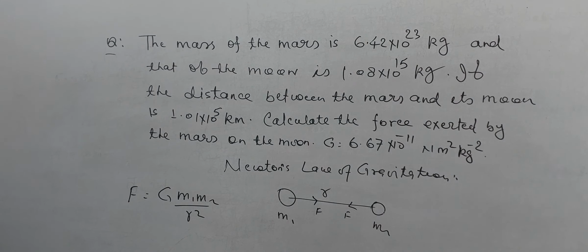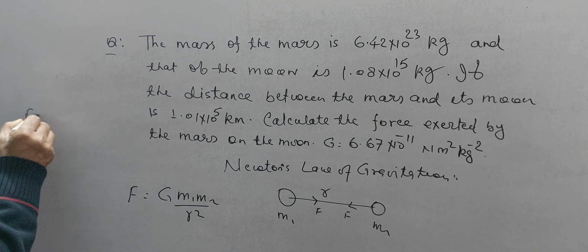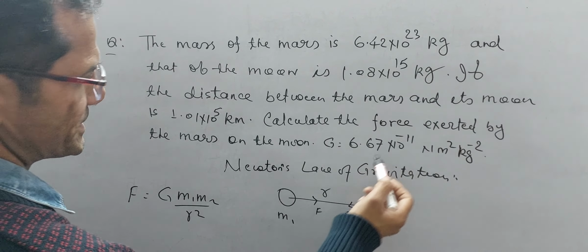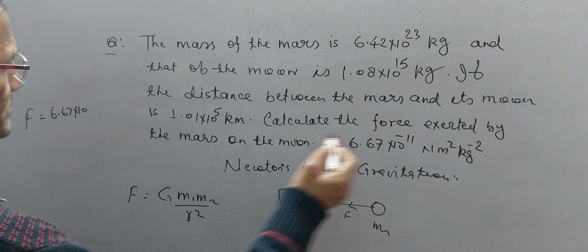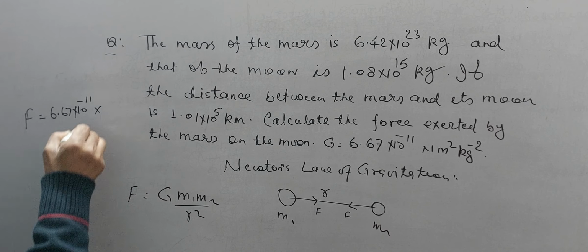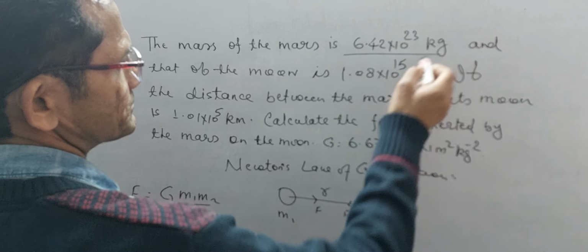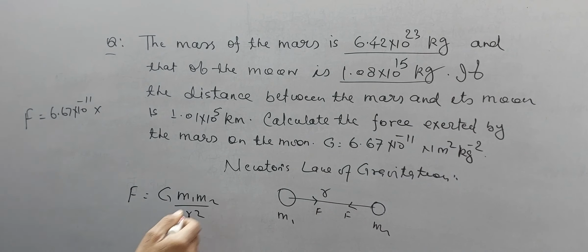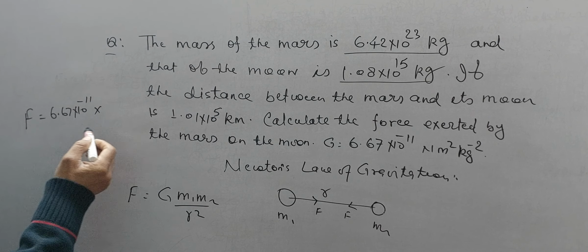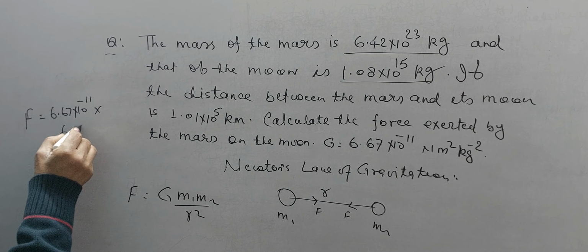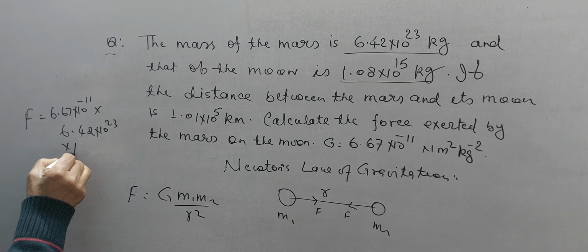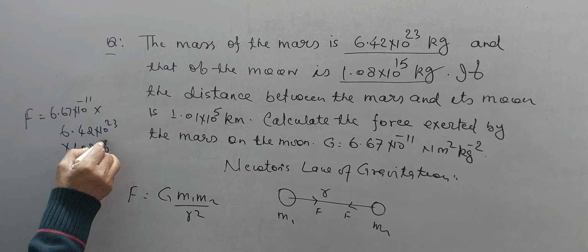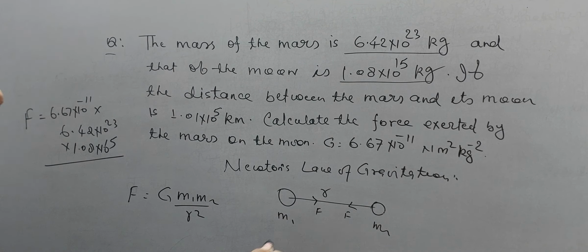So now everything is given. G has the value 6.67 times 10 raised to the power minus 11, into mass of the moon, into mass of Mars, 1.08 times 10 raised to the 15, divided by the distance between them.